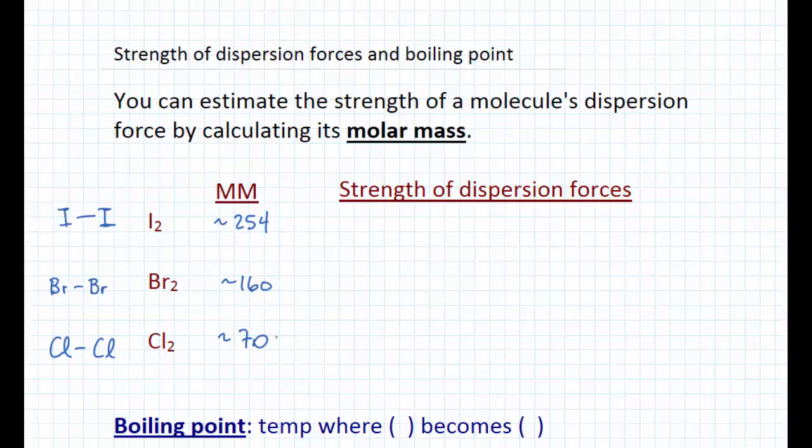So which one of those would have the strongest dispersion forces between its molecules? Yeah. Strongest to weakest in order. Of these, at least. Okay. And remember, what we're talking about here are actual interactions between one iodine molecule and its neighbor.